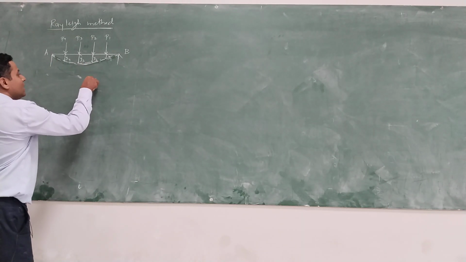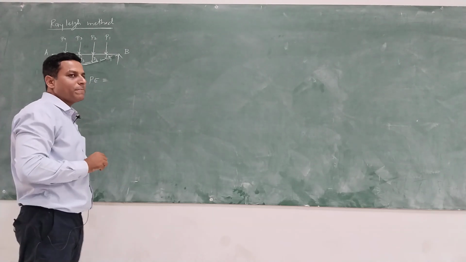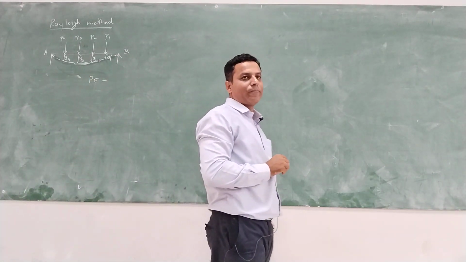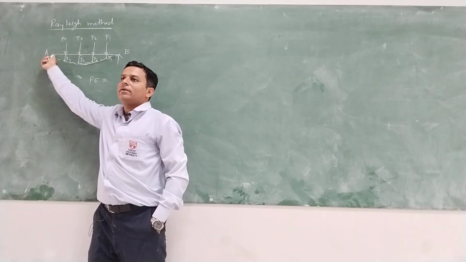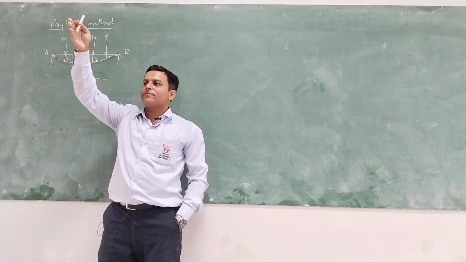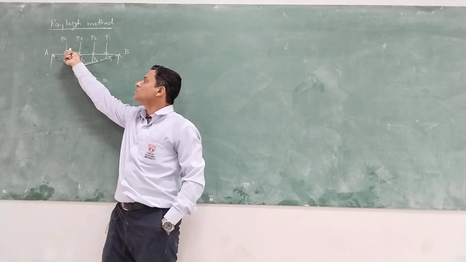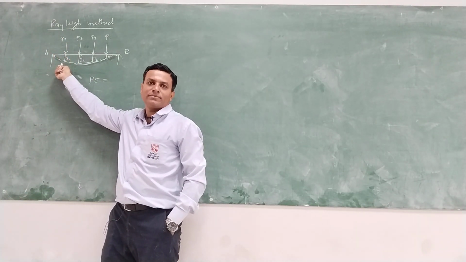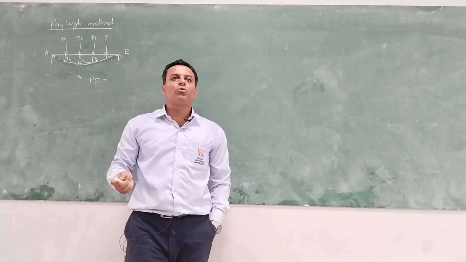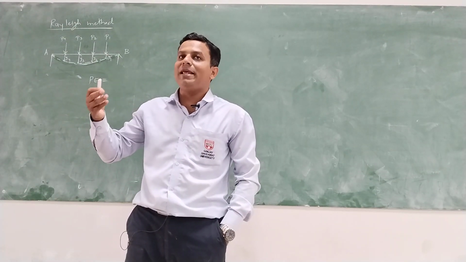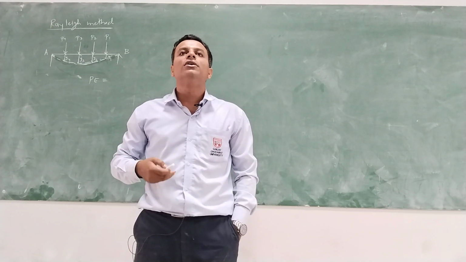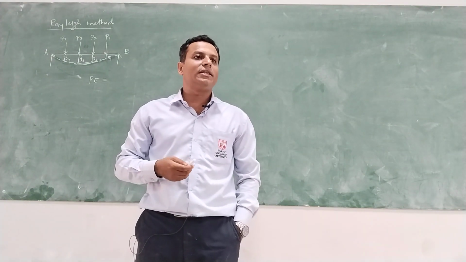So the potential energy of the system because of the application of load: this beam will act as a spring, and because of the load, it will deflect. Because of the deflection of that particular spring, that is the shaft, energy will be stored in the form of potential energy.